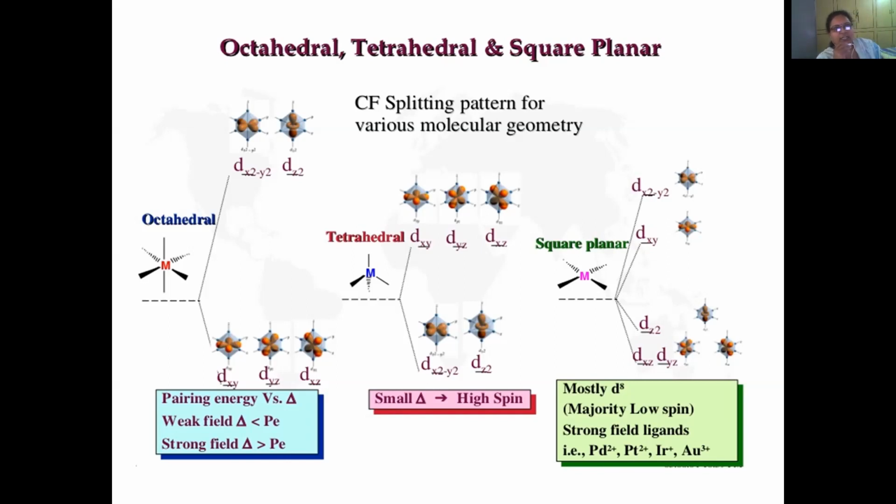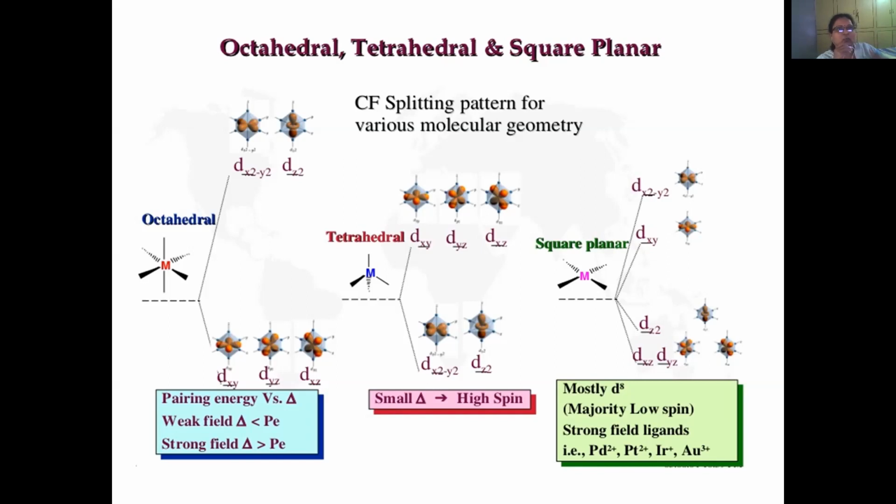Because we have to assume that in square planar geometry the ligands approach the metal along the axes, the lobes which are present on the axis, in dx²-y², get repelled more.